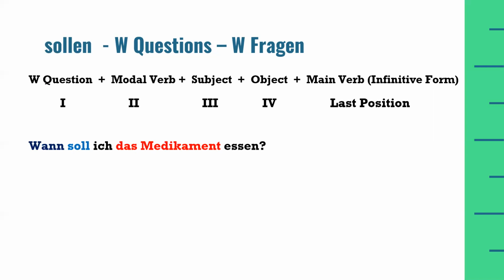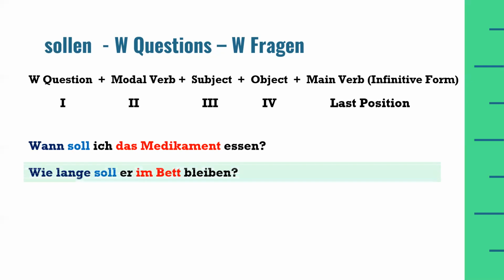So sollen becomes soll. Then comes das Medikament. Das Medikament is the object of the sentence, and it comes at the fourth position. And at the last position, we are using the infinitive form of the verb essen, which means to eat.